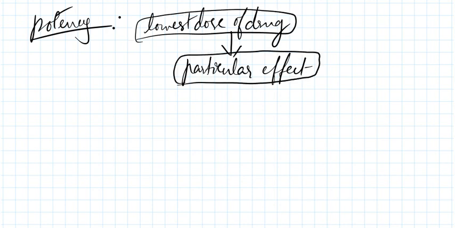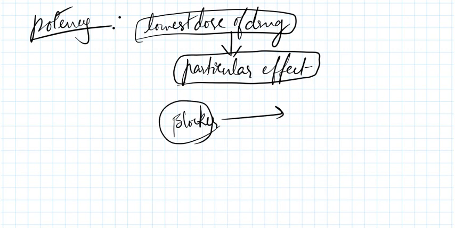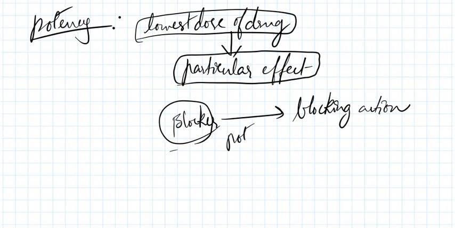For example, you take a blocker. The least dose of this blocker needed to produce its required blocking action on a particular receptor is termed potency. The lower the drug dose, the more potency it has.